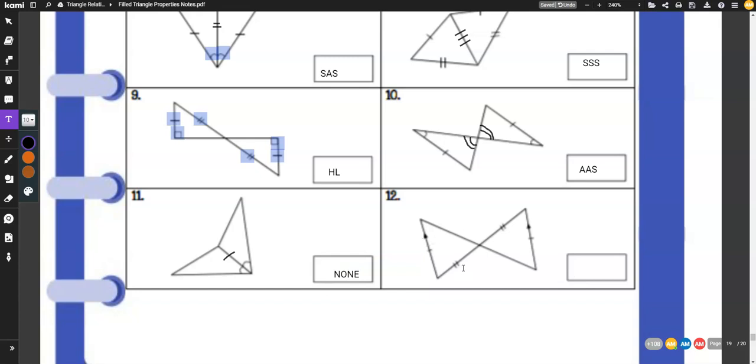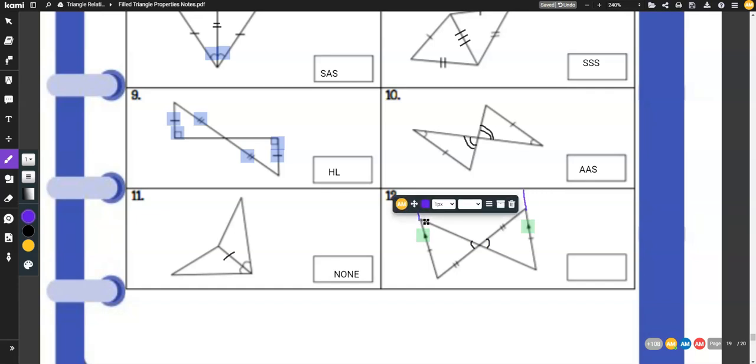Now, this next one looks like it's trying to trick us into thinking this is going to be an angle, side, side again. But remember, notice here, we have another set of the parallel line markings. So that tells us several things about this image. If I continue this line out, I can make claims about the angles.